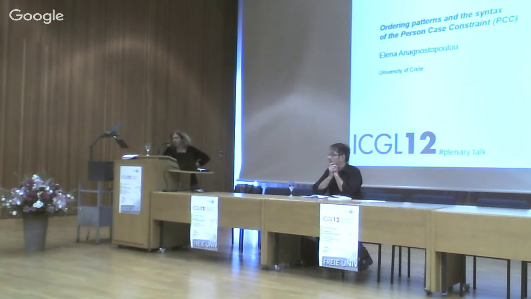I don't know this literature, first. Second, is there variation with respect to the order of the clusters? As far as I know, the variation with clitics has to do with whether you have proclisis or enclisis, or whether you are Northern Greek or Southern Greek.